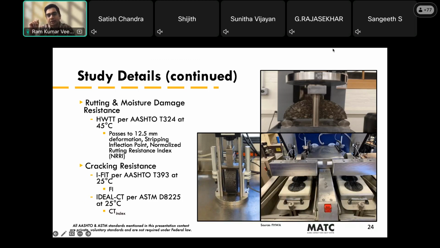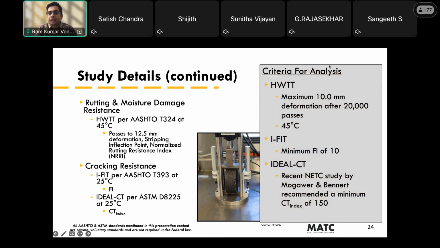They had a criteria of 12.5 millimeter deformation, and they used that to assess stripping inflection point and also the rutting potential of the asphalt mixture. And they used the normalized rutting resistance index. For the cracking resistance, they tested as per AASHTO T393 at 25 degrees Celsius to assess the flexibility index of these asphalt mixtures.